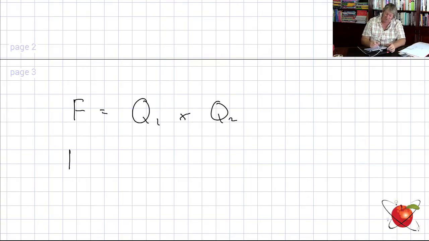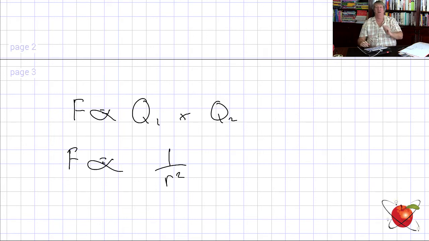If I push them together, the force is proportional to the amount of charge on this and the amount of charge on this. The more, the greater the force, either to push them together or the greater the force of attraction. But force is also proportional to 1 over the distance they are apart squared.